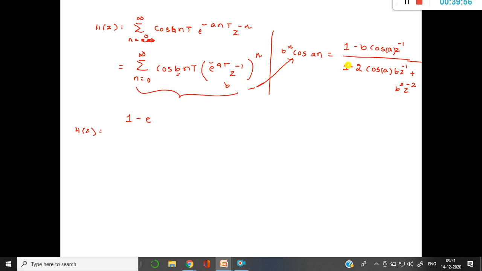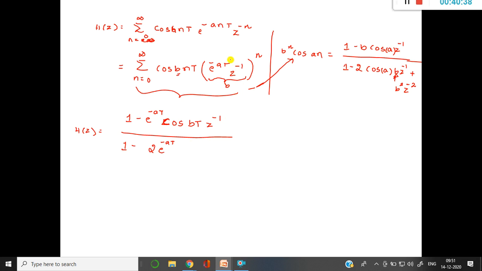So here, what is b? b is nothing but e to the power of minus aT. So we get e to the power of minus aT cos of bT z inverse, divided by 1 minus 2 times e to the power of minus aT, cos of bT, z inverse.